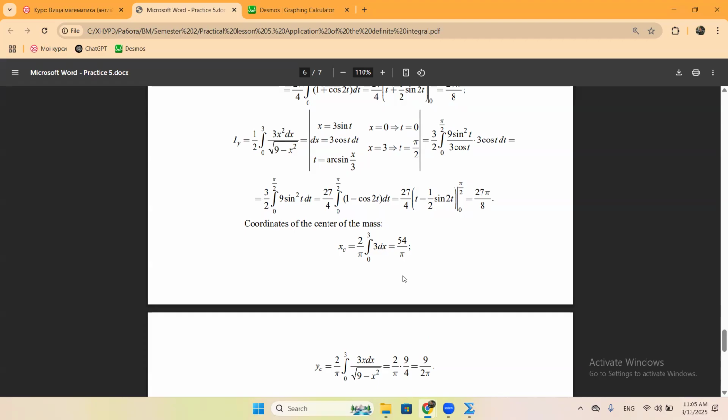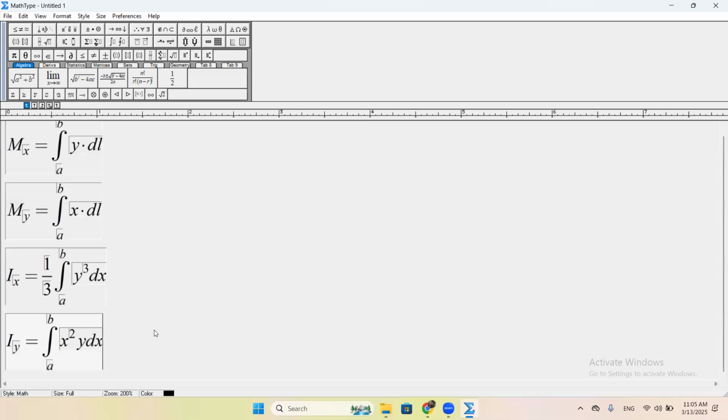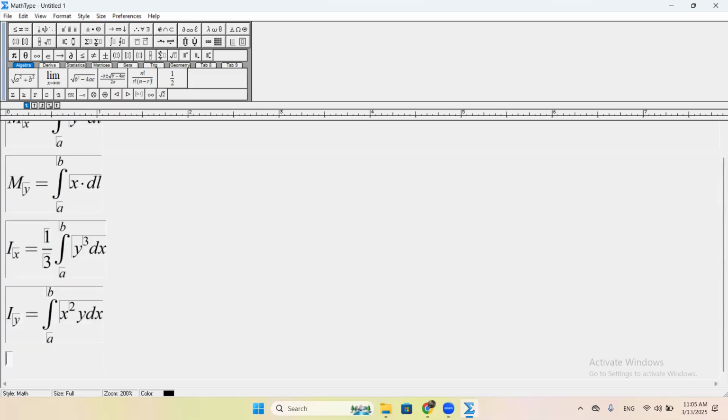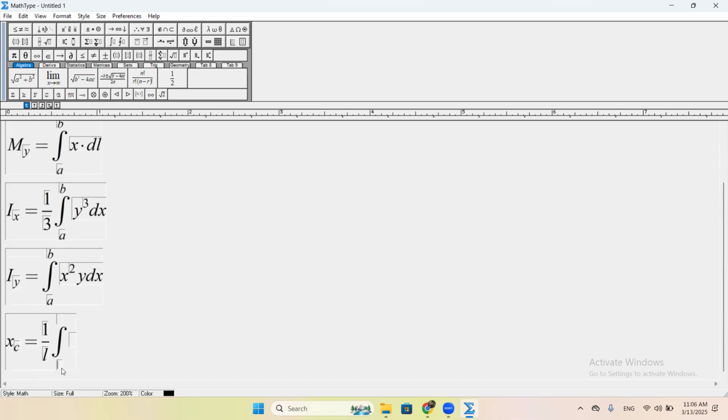We need to divide, so xc equals 1 over L, so 1 divided by the length of the curve, times the integral from A to B of x dl.